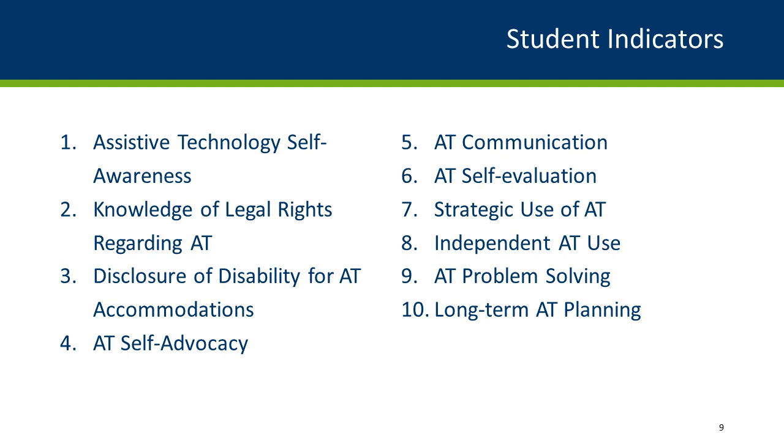These are the topics that are covered in each of the quality indicators. And I want to talk just a little bit about what a quality indicator is, just so that we're all clear. These are not steps to take. The quality indicators are a set of, in this case, student skills that we believe will help a student to be more successful at the post-secondary level and to maintain the continuity in their use of assistive technology.